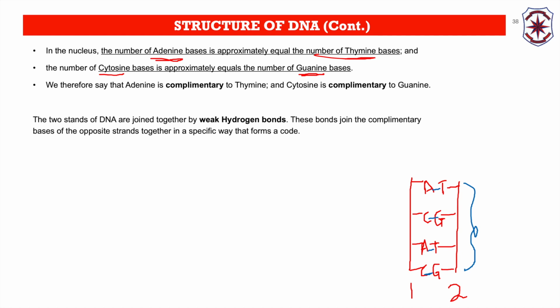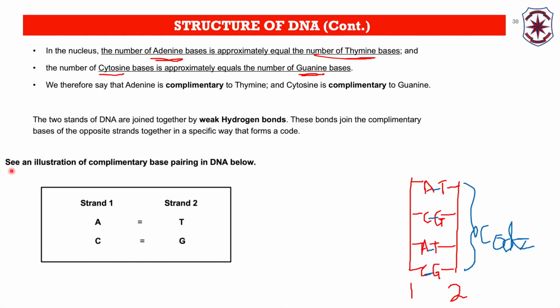So what we see over there, the sequence of nitrogenous bases, ATCG. This is a specific code that we find in this DNA. Excuse my handwriting. I am not using a pen, but I'm using a mouse to write, so it's a bit inconvenient. Right, so this is a code of this piece of DNA.